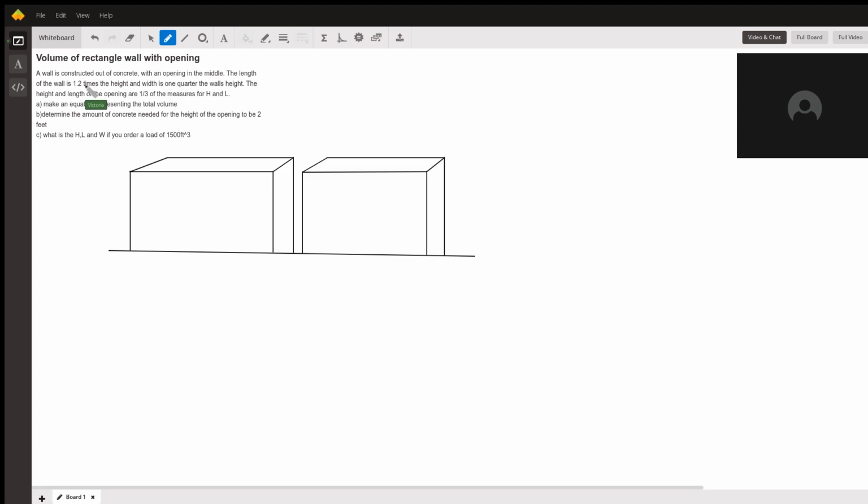So this is a very real-life problem. If the length, which is this dimension, we'll call it L. Here's where my wall ends. I tried to make a three-dimensional drawing. If my length is 1.2 times the height, so this is my height, then my length is 1.2 times the height.